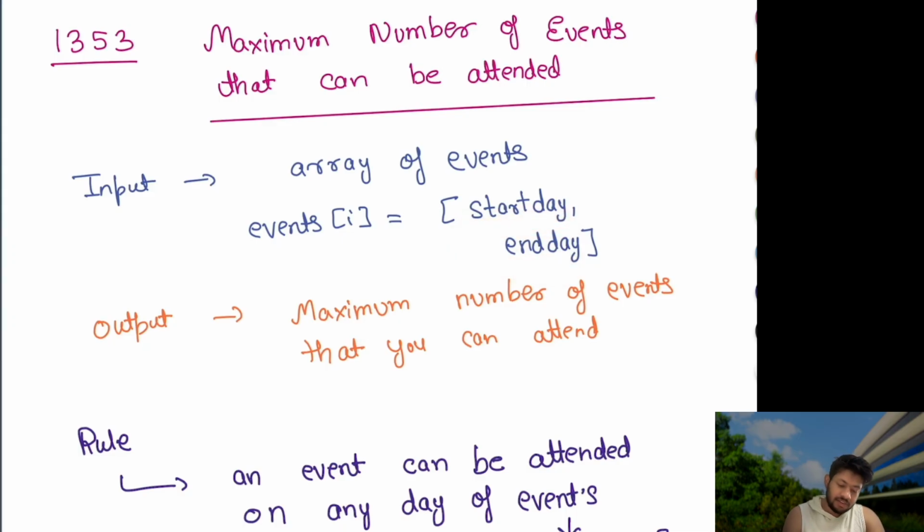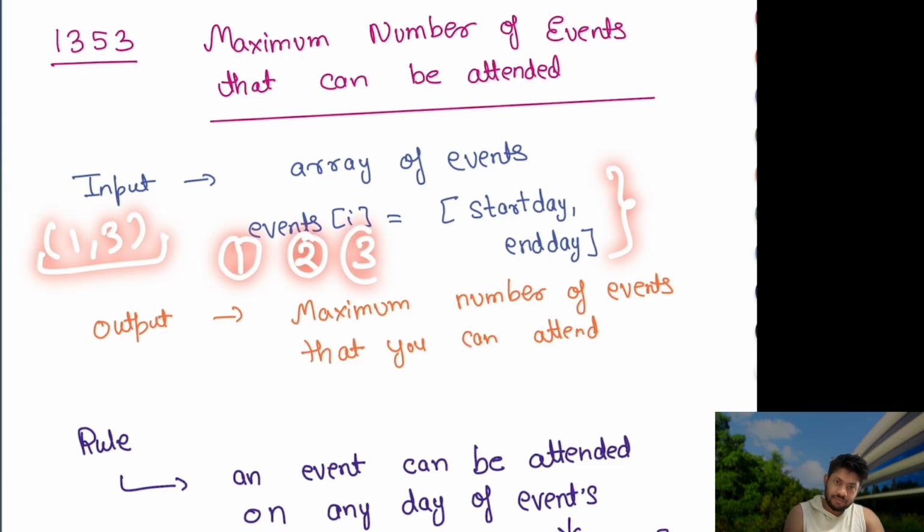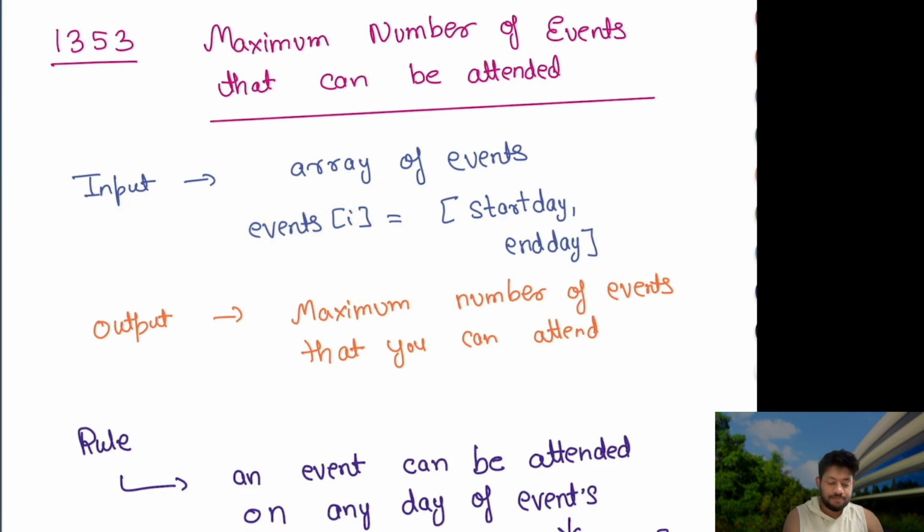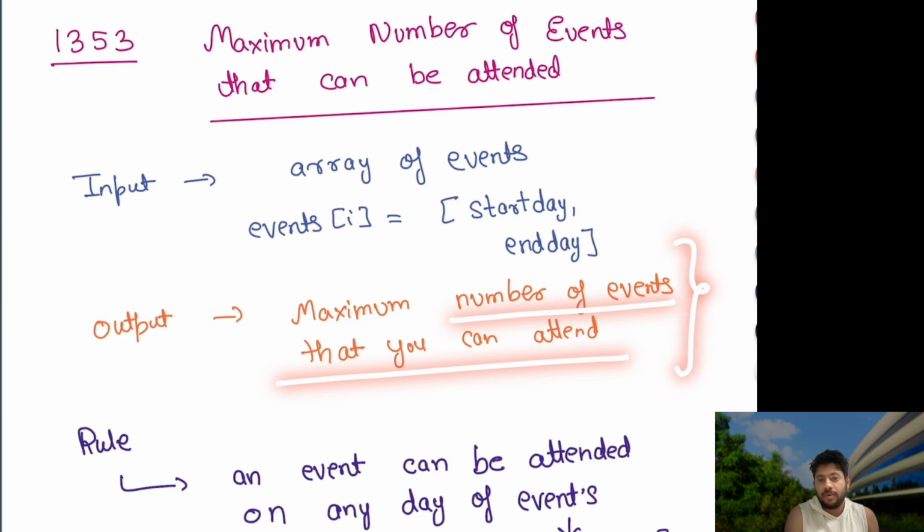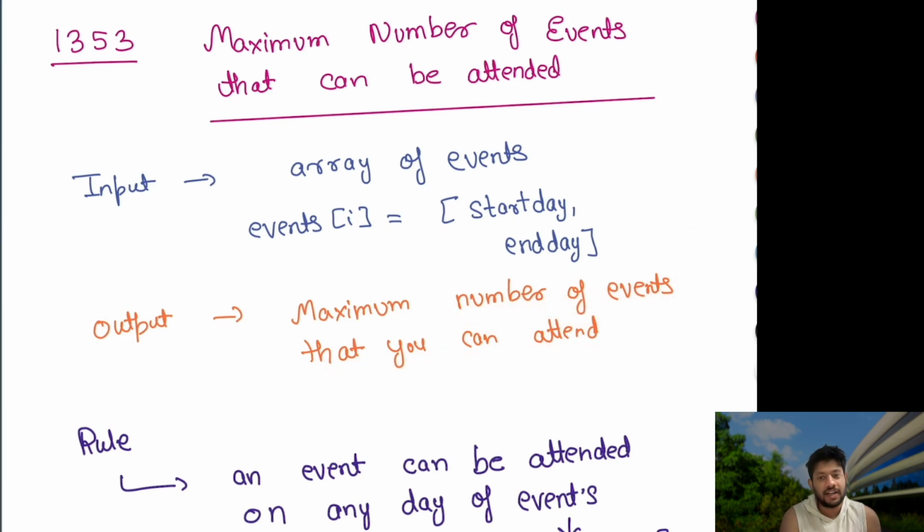For example, if the event is 1, 3, it means that the event is happening on day 1, day 2, day 3. These are the 3 days on which this event is happening. We need to return how many maximum events we can attend.